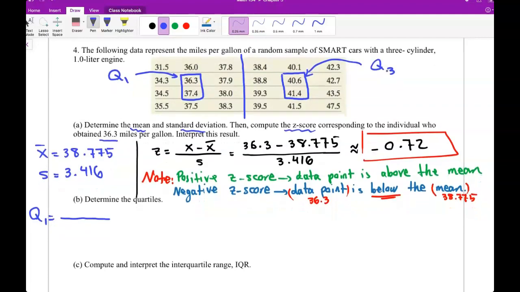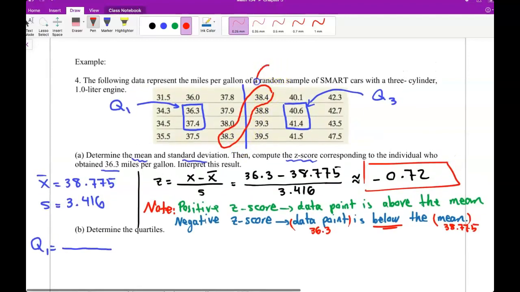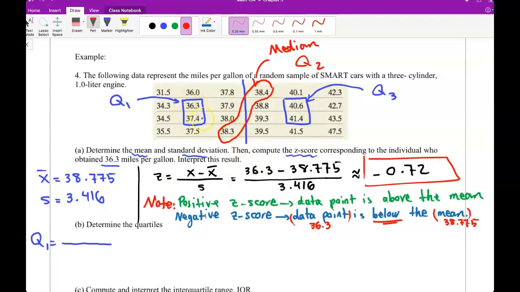And Q2: here we have 38.3, then we have 38.4. So this is the median, or Q2. So we should find what the answer is between these two, and between these two.